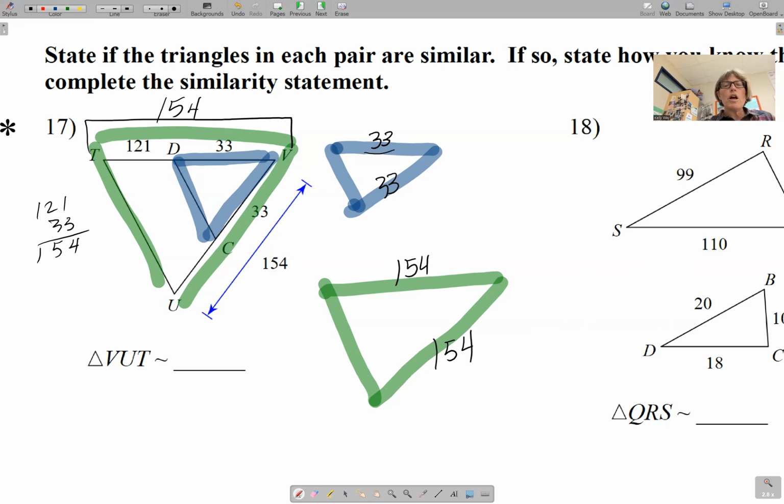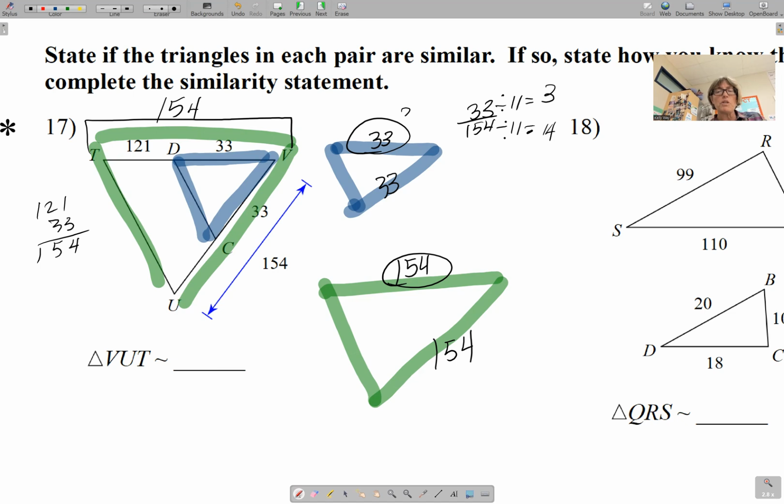Well, first off, I have ratios which are equal. Taking a look here, 33 to 154, both are divisible by 11. That's going to be 3. And here it's going to be 14. 11 goes in there 14 times.